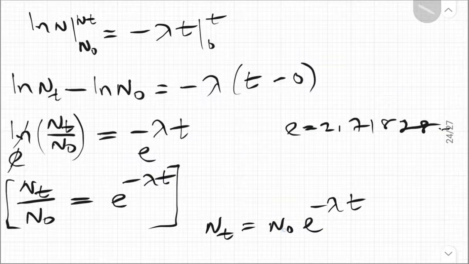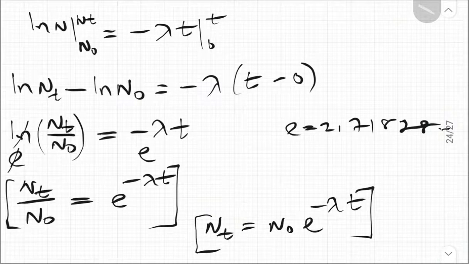N naught is the amount that you start with, lambda is the decay constant, and t is the time it takes for N naught to reduce to Nt. So this is the decay equation.